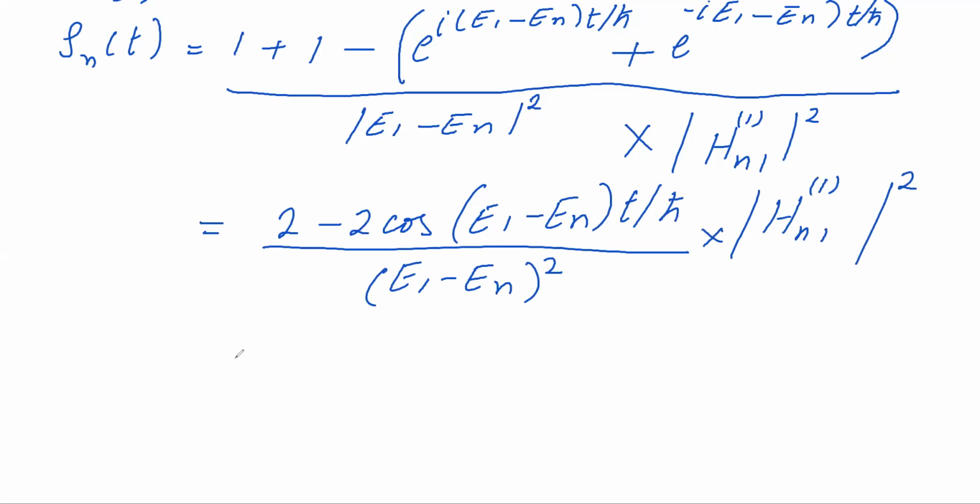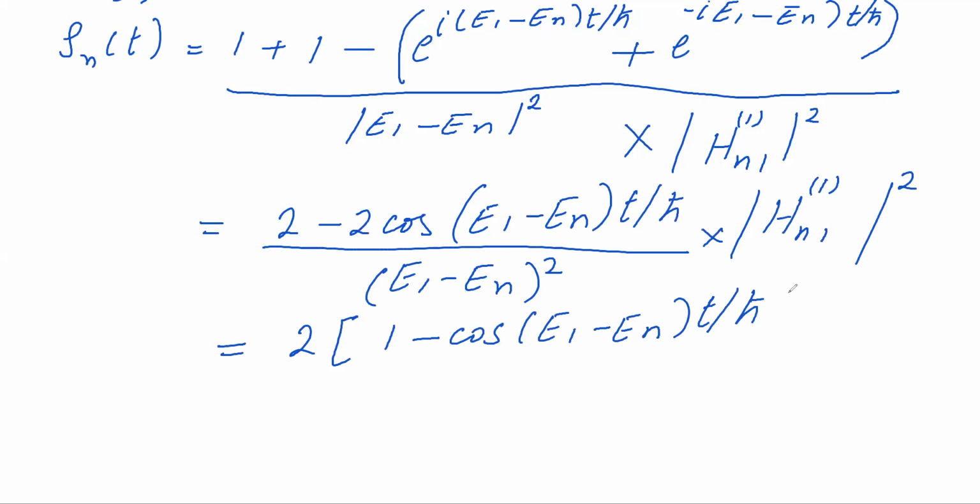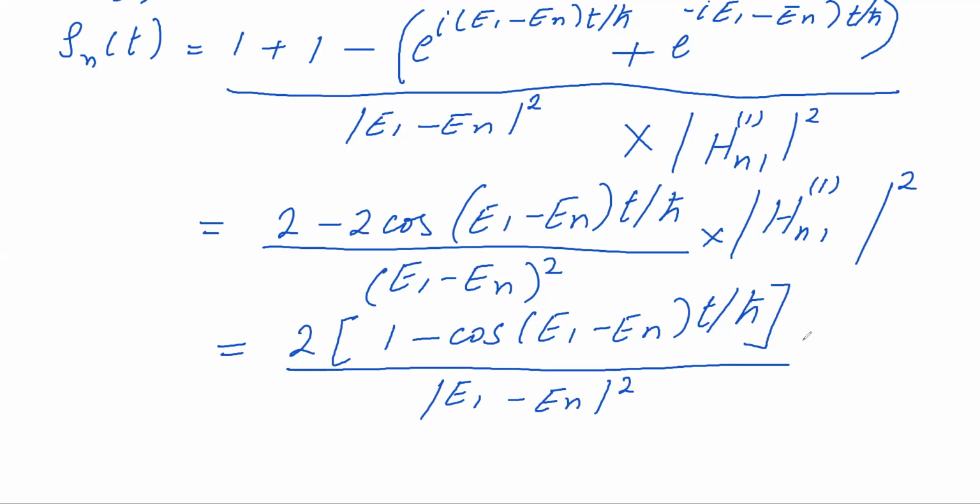So therefore, this is equal to 2 into 1 minus cosine of (E1 minus En) into t over h bar, divided by (E1 minus En) squared, into Hn1 superscript 1 modulus square.